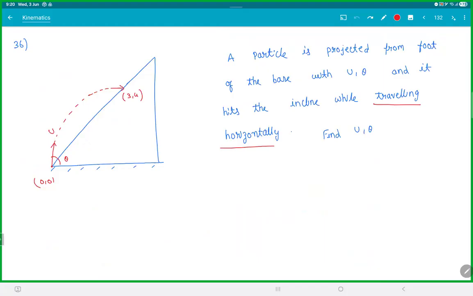You have to find u and theta. What will you do with u sin theta? So that is the thing. If you don't realize the words traveling horizontally, you can't solve. It feels like data is incomplete.